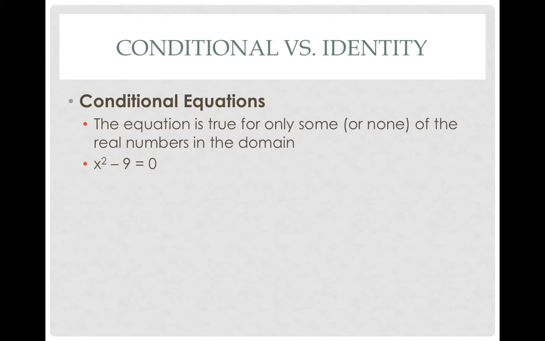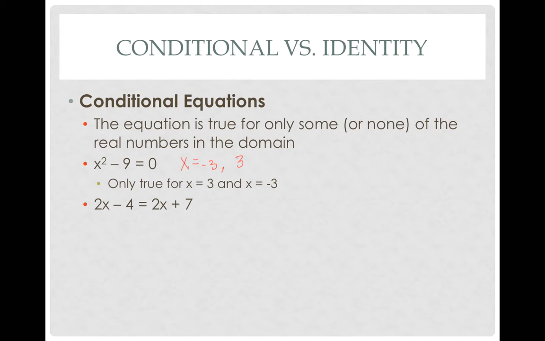Like this: x squared minus 9 equals 0 only works for when x equals negative 3 and positive 3. So it's conditional. It only works if x is negative 3 or positive 3. So this would be called a conditional equation.